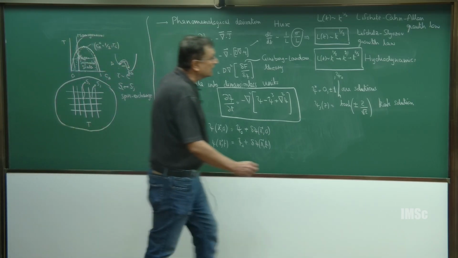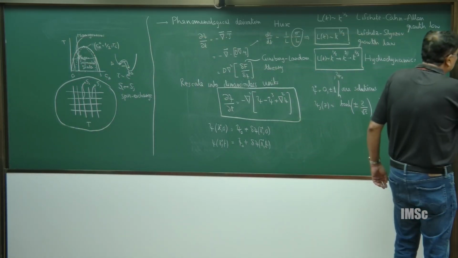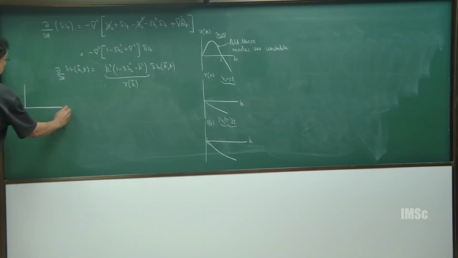If you recall my phase diagram of a magnet, which was in the temperature-magnetic field plane, let me just draw this once again. This is 2, this is 1, this is up, and this is down, right? I didn't talk about it at that time, but there's a spinodal boundary out here also.